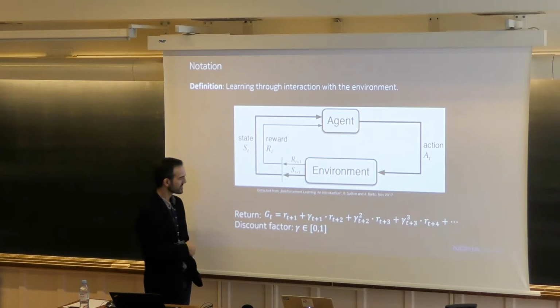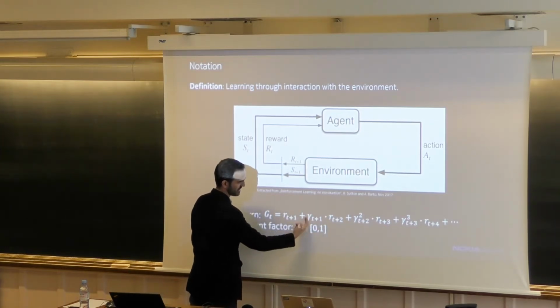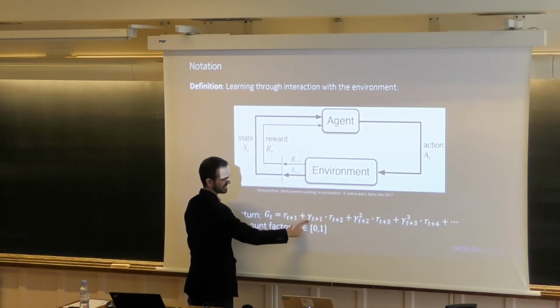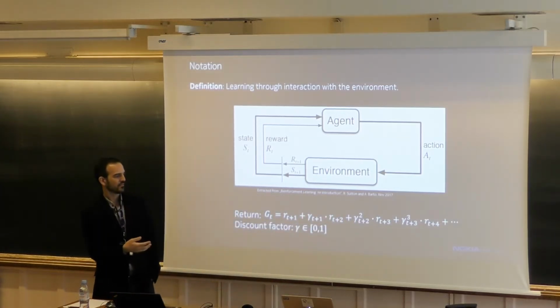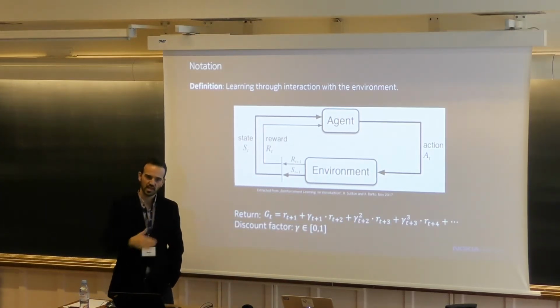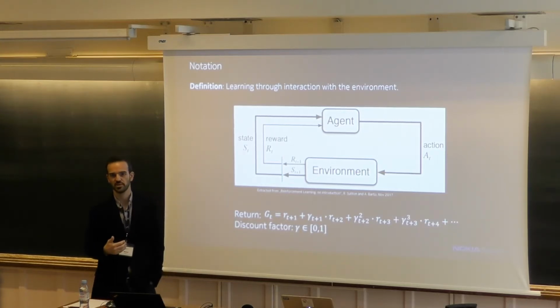All right? And you see that this sum, this addition, is weighted by this other factor, which is called the discount factor. This is just to illustrate the fact that the value of the rewards decays over time. So yes, we want rewards, but we want them as soon as possible. And this is very easy to understand in terms of money.